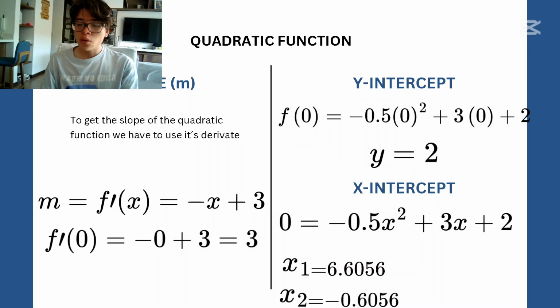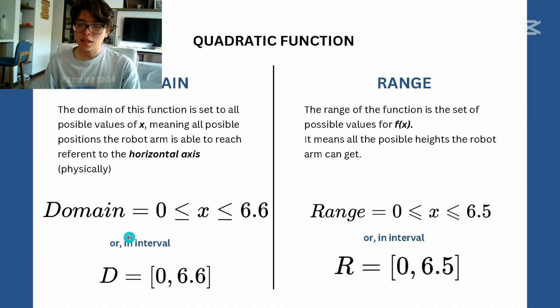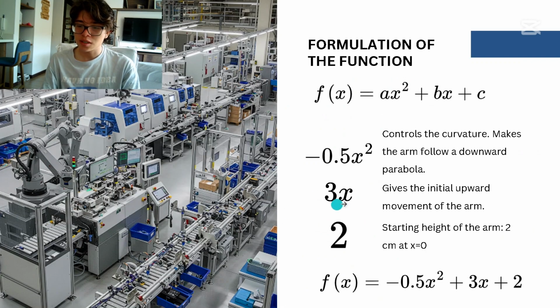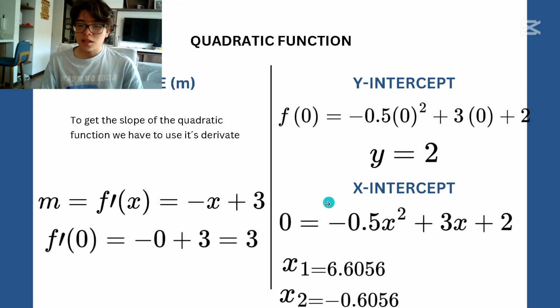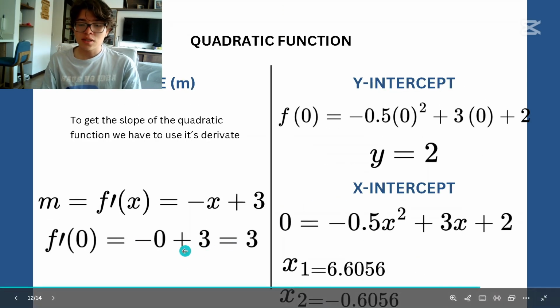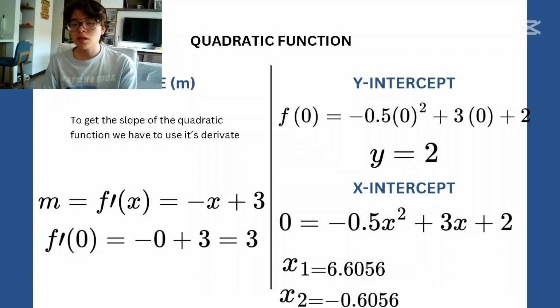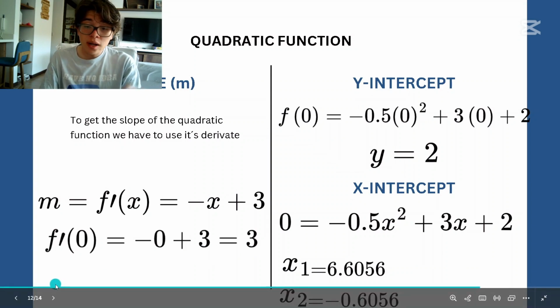For example, we want to know the slope when x equals 0. I explained that here. The slope will be 3. If we want to know our slope when x equals 1, we get that it is 2.